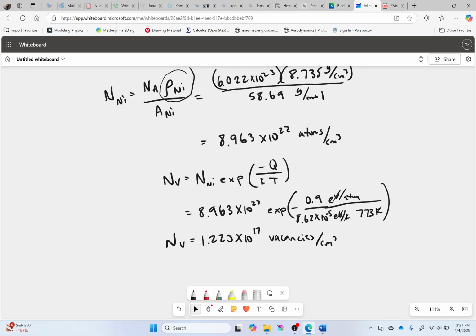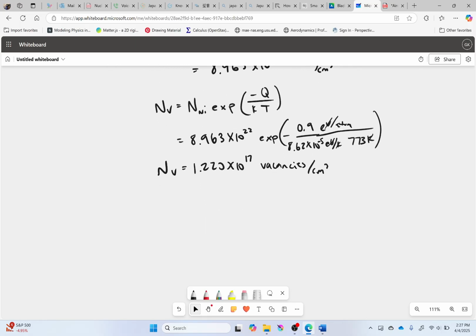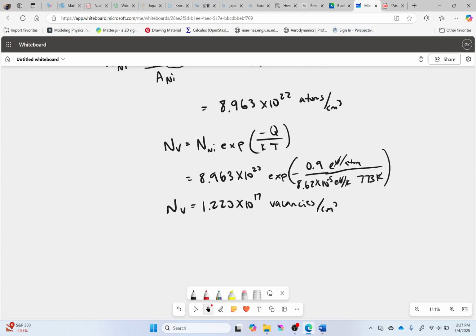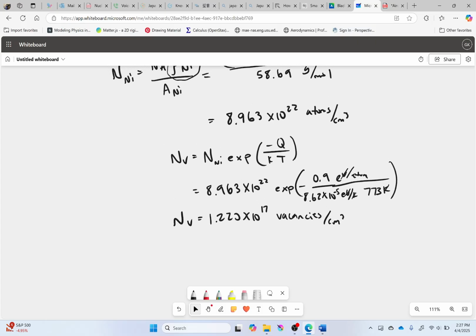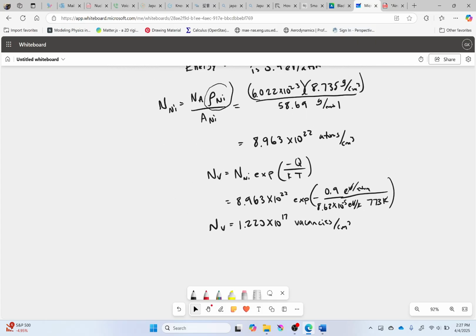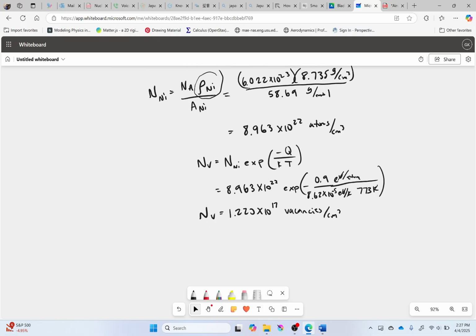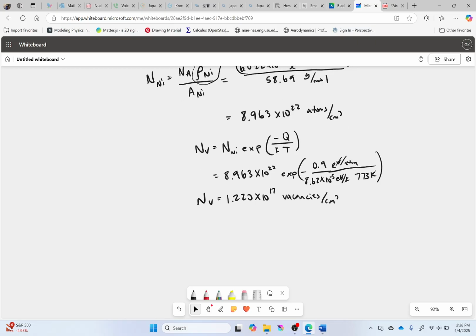Now, having done this, there is a longer pathway to finding the change in density based on the vacancies. You have to look into the unit cell, but I'll give you a little shortcut that works pretty well for me. So this ratio, the vacancies to the number of lattice sites, is more or less telling you how much your density is changing.